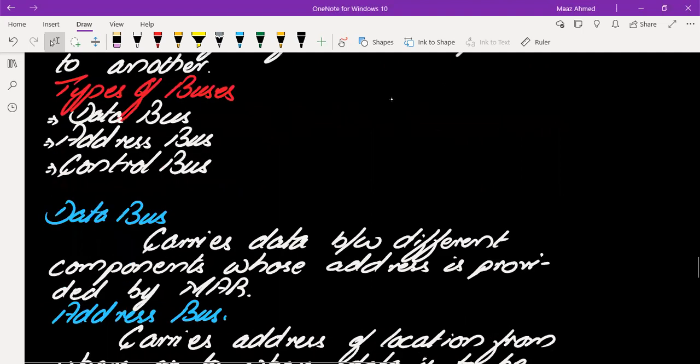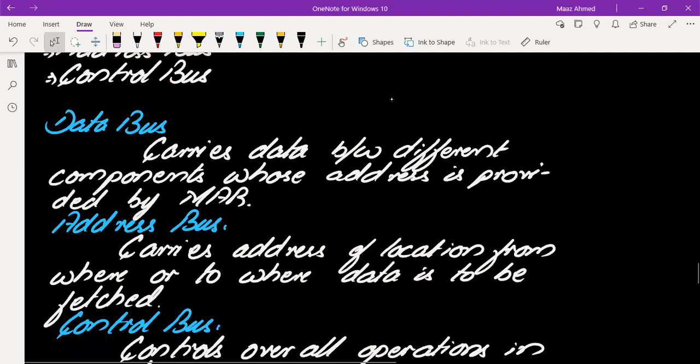Now the data bus is basically responsible for carrying the data that needs to be transferred from one component to another component, and you may say the address of that particular data is provided by the MAR. Always remember that the data bus and the control bus are bidirectional, but the address bus is unidirectional.